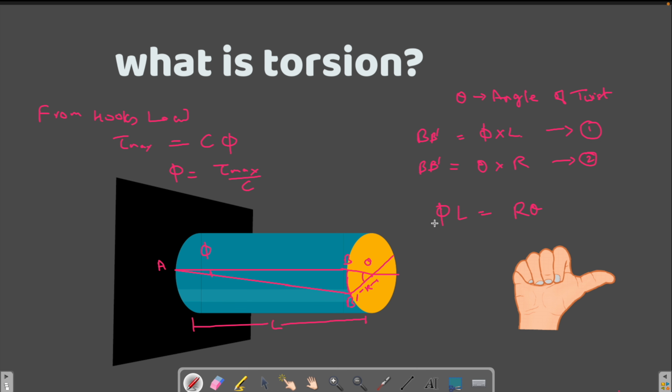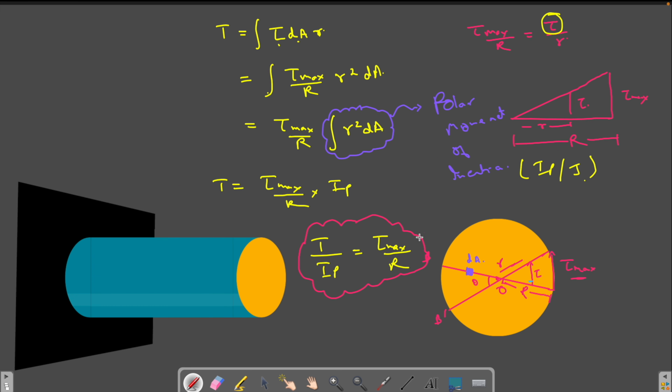Now replacing phi by tau max by C, we get tau max by C into L is equal to R theta, or we can write tau max by R is equal to C theta by L. Let this be equation number B, and let the earlier one be equation number A.